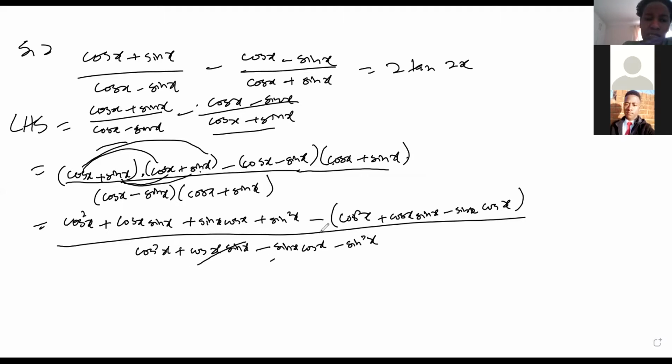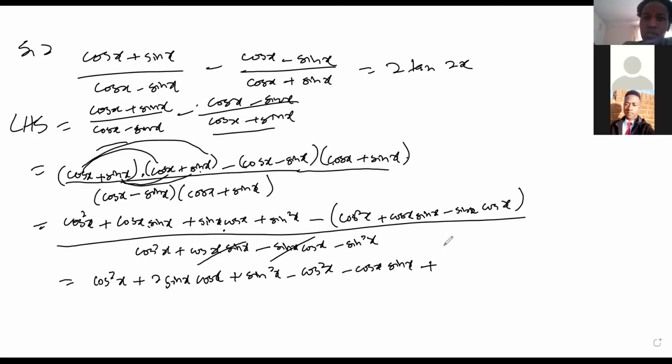Can you see this and this cancel out? Let's see at the top what cancels out. I still need to remove the brackets. At the top I have cos squared x, and these two are the same, so I have plus 2 sine x cos x, plus sine squared x, minus cos squared x minus cos x sine x.